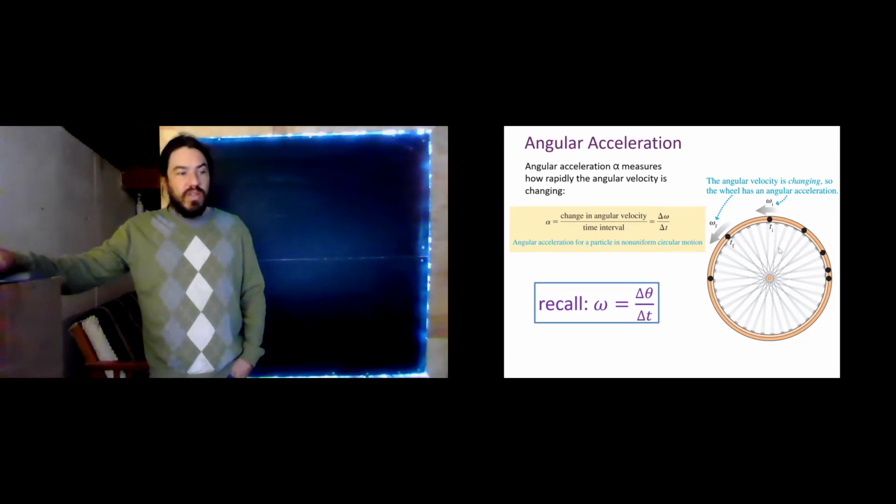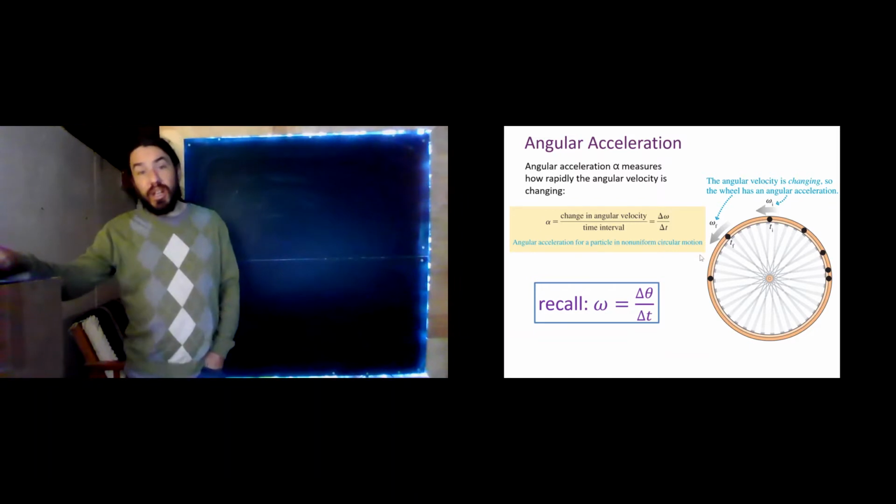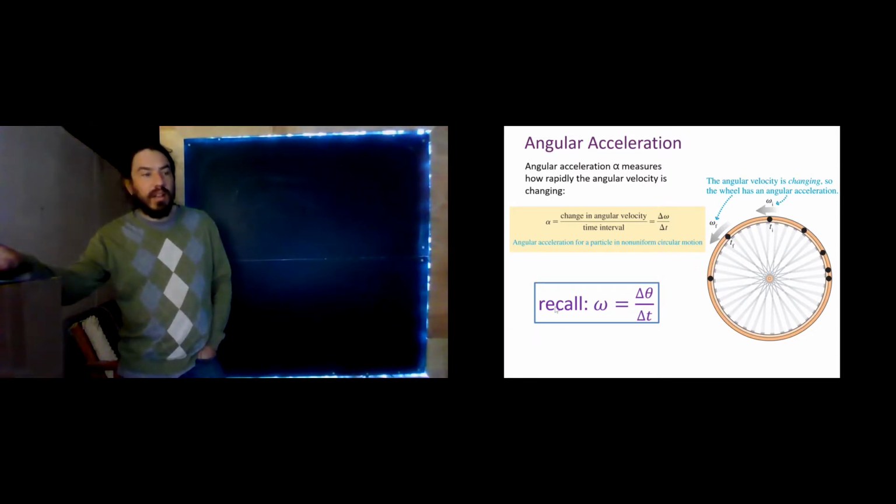In this figure we see an omega initial, which is smaller than this omega final. So clearly, omega is changing in time. Therefore, there is some angular acceleration. And I'll just remind you that this letter here is omega, and that omega is the symbol we use for angular velocity.